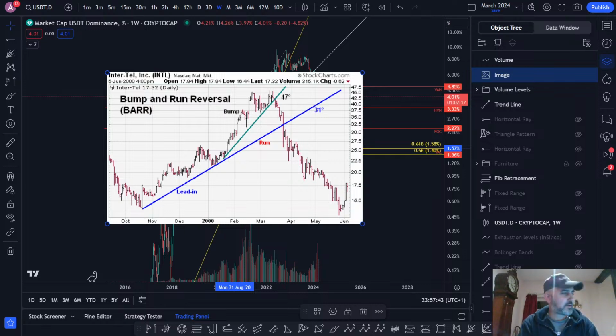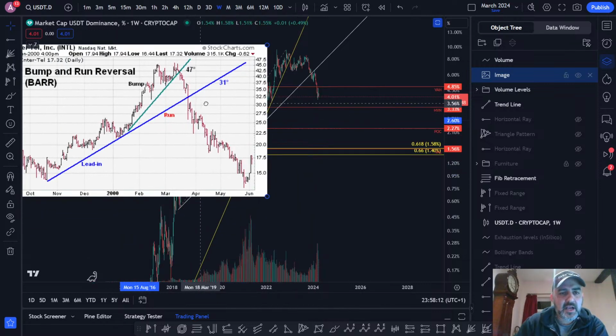Bump and run targets. Yeah. I can't see any target.